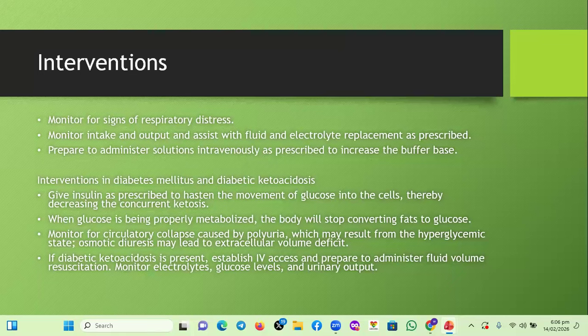When it is DKA or DM that is causing it, we know insulin is what the person is lacking. And so you have to give the person insulin to hasten the movement of glucose into the cells, and in return, thereby decreasing the concurrent ketosis that is happening. Because we said that the ketosis is because the cells are not able to use the glucose that is in the blood as a result of lack of insulin.